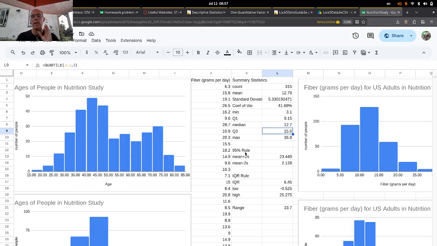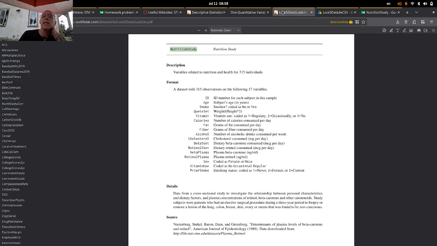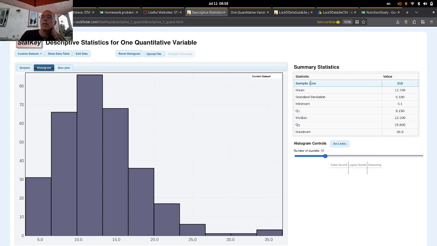Things that are easy to do by hand are, say, the 95% rule to calculate outliers or the IQR rule to calculate outliers. Those are easy to do by hand once we have all the other calculations. But this group of calculations here, we should use a spreadsheet or something like StatKey to do it. Right, those are the basic statistics we need a computer for. Otherwise, we can do the rest by hand.